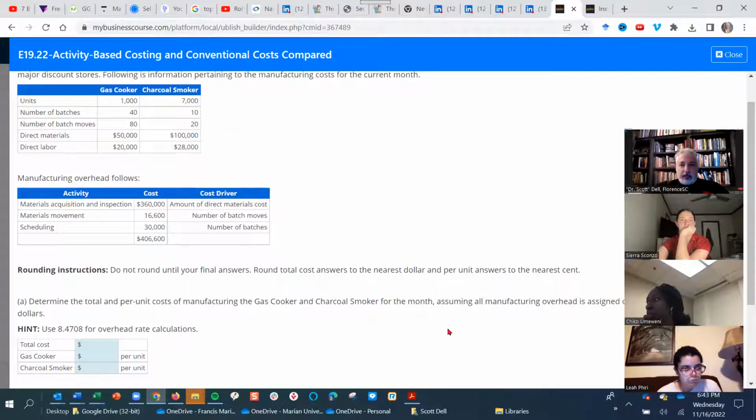So if we're looking at that, we're trying to figure out what the total materials associated with our units are.